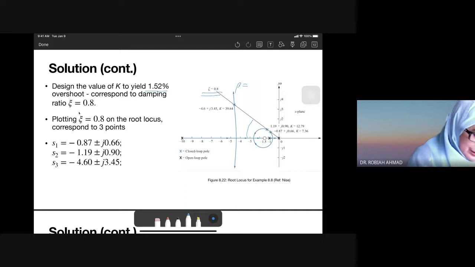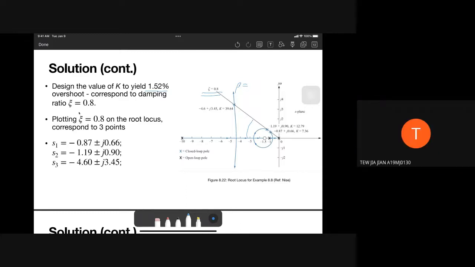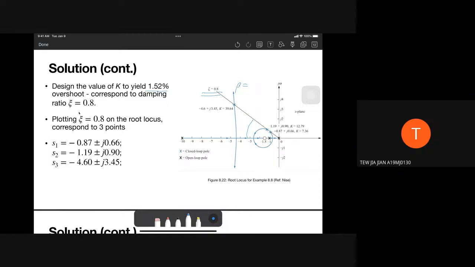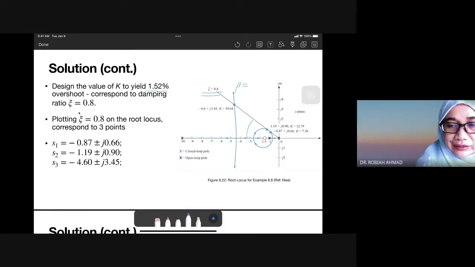Do you know how to calculate beta? Is it inverse cos? Inverse cos 0.8 is equal to 0.8 or in radians. We want to draw that graphically, because in the exam you have to do it graphically.